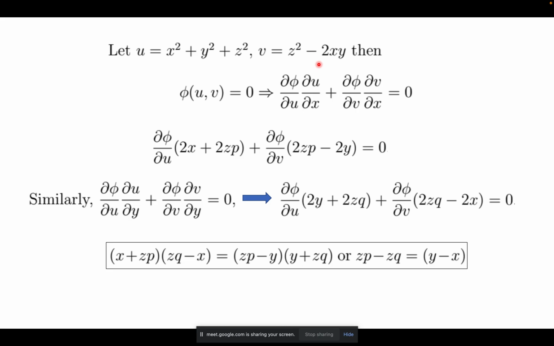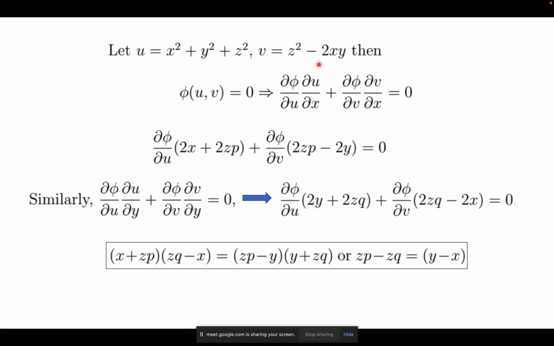Now you can see the functions del phi by del u and del phi by del v are common in both. So you can simply take the ratio of both of these quantities. If I take the ratio of this equation and this equation, I can simply cancel the del phi by del u and del phi by del v terms because they appear in both numerator and denominator.